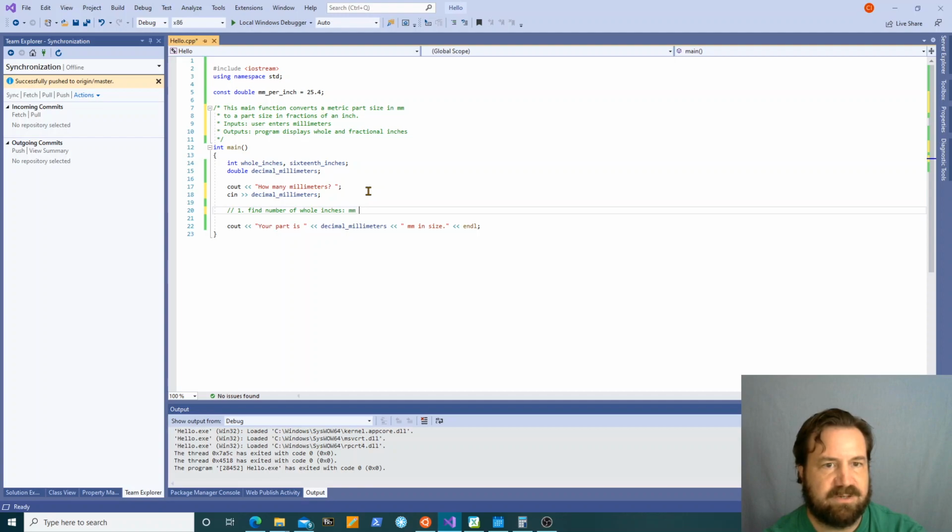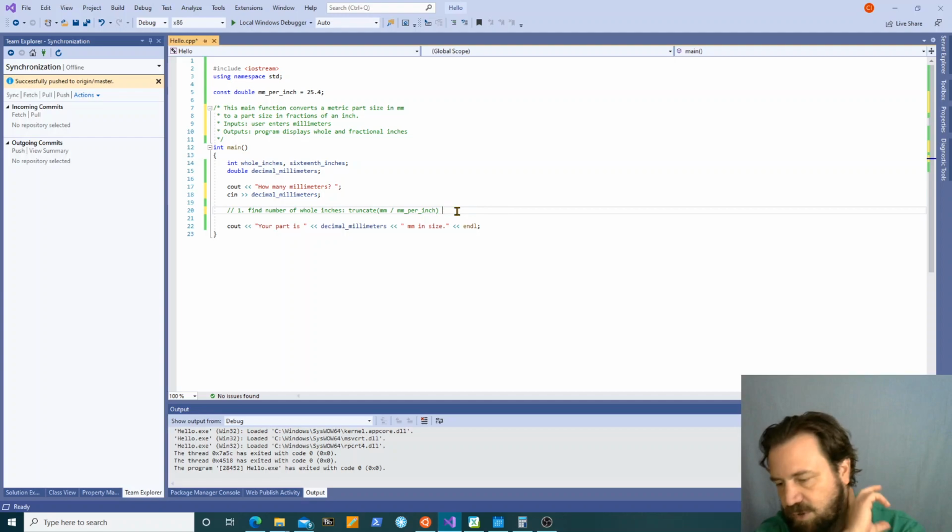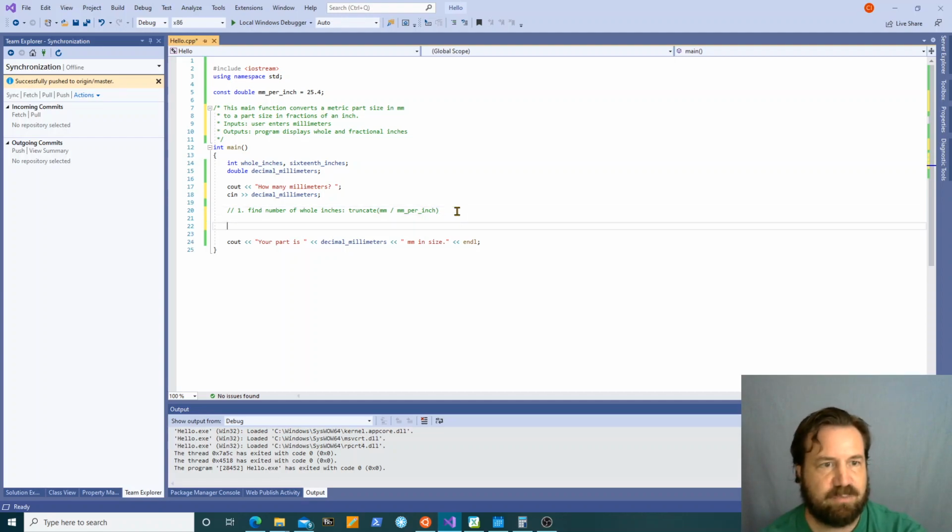That's millimeters divided by millimeters per inch, and I have to truncate that. Okay, truncate means get rid of any partial, any fractional part.